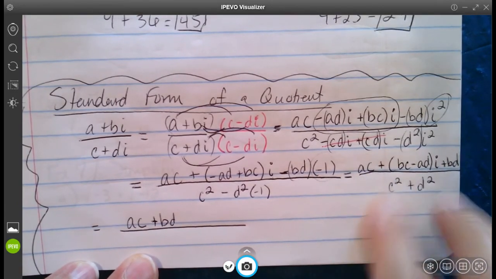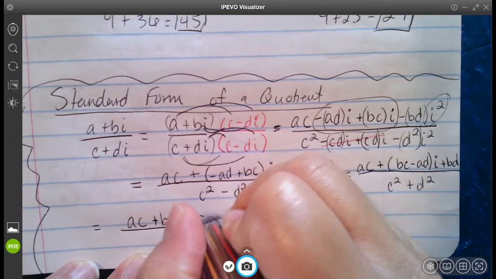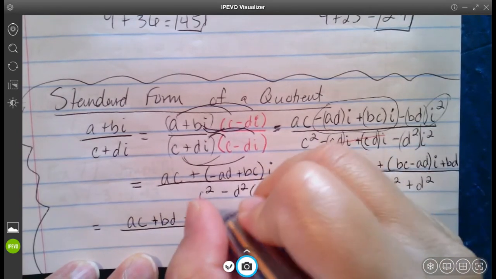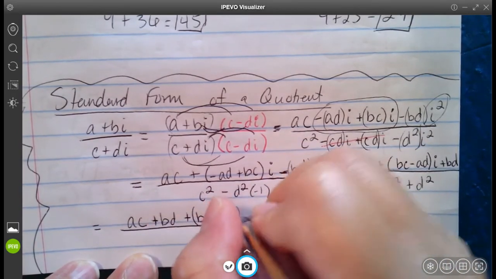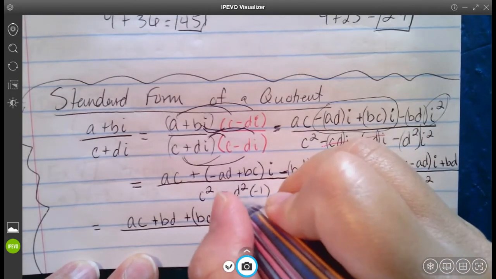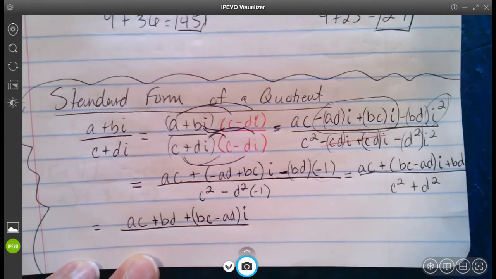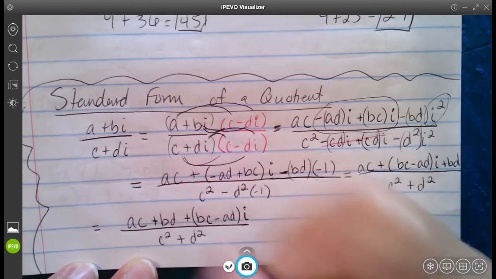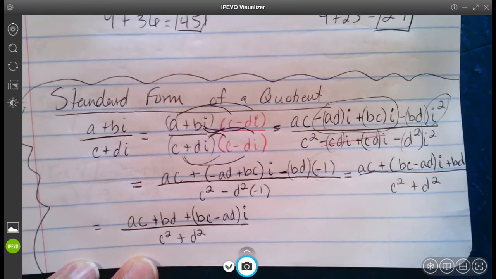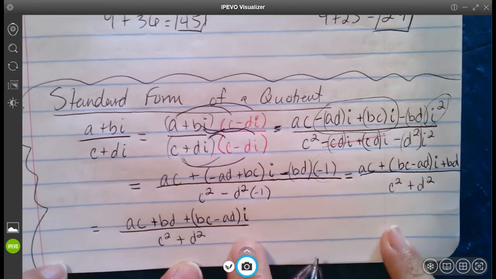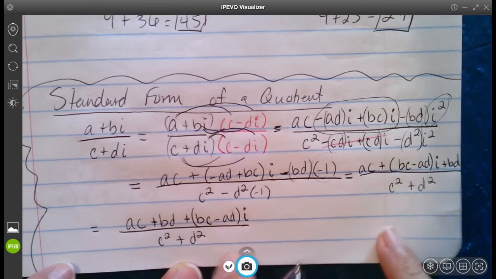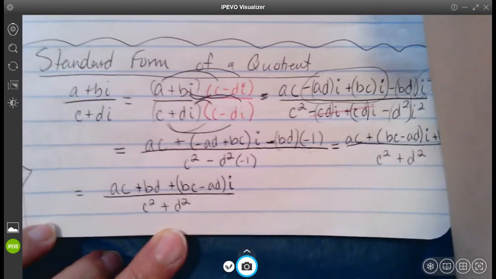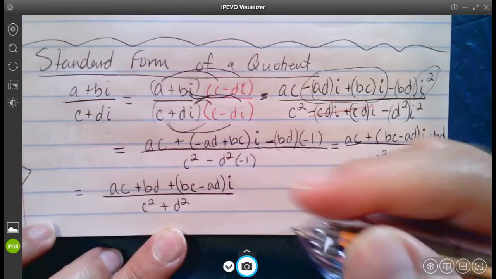And then this part right here, plus bc minus ad times i, all over c squared plus d squared. All right, and then from here, we could kind of stop here, but I want it to be real part and imaginary part.